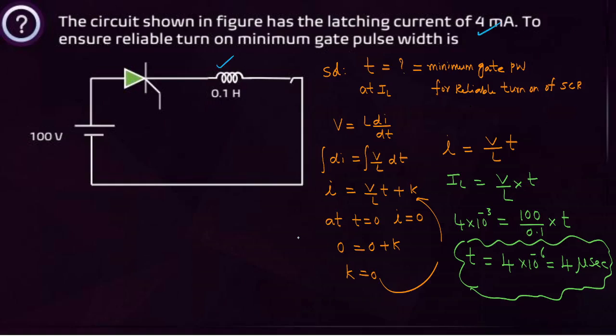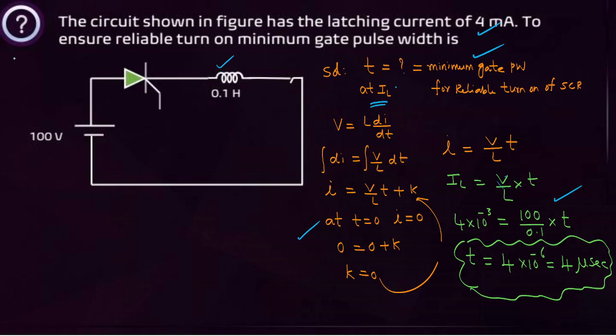No need to do the whole derivation; you can directly substitute the voltage and find the time. Simply remember the concept, friends: find the time at latching current. That is the minimum gate pulse width for any given circuit.